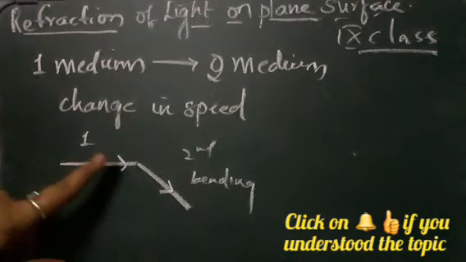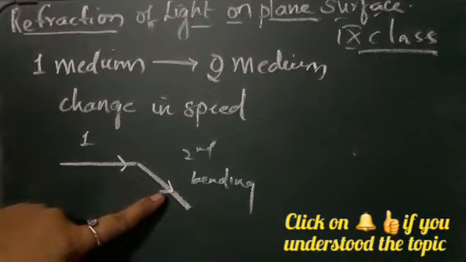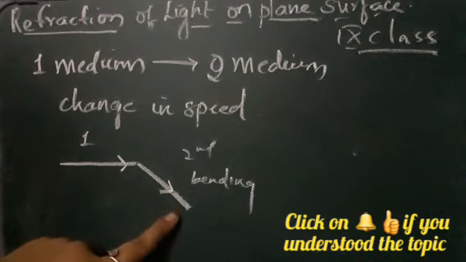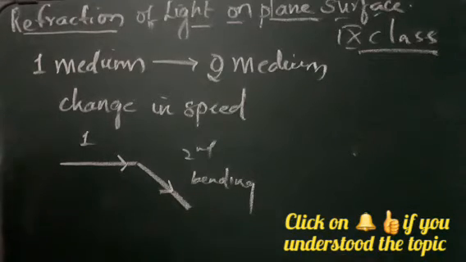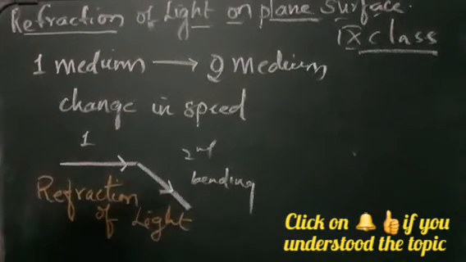So the process of changing speed at an interface when light travels from one medium to another, resulting in a change in direction, is nothing but refraction of light.